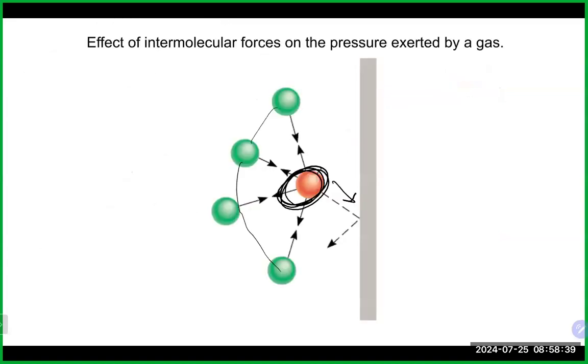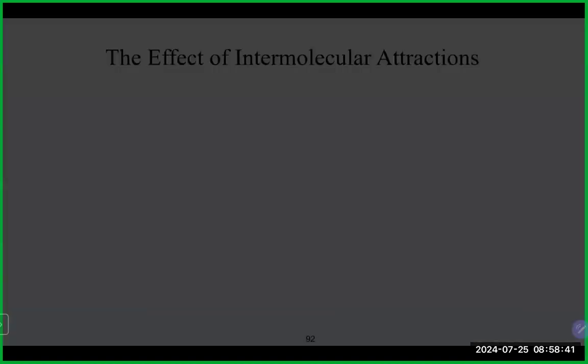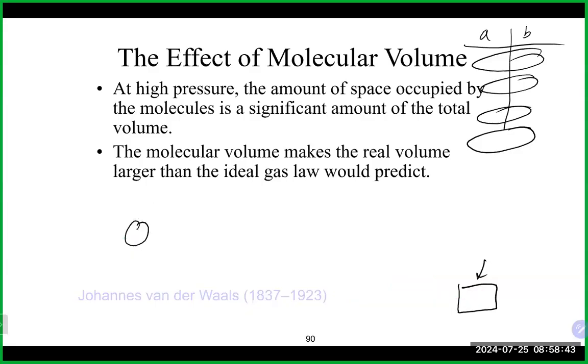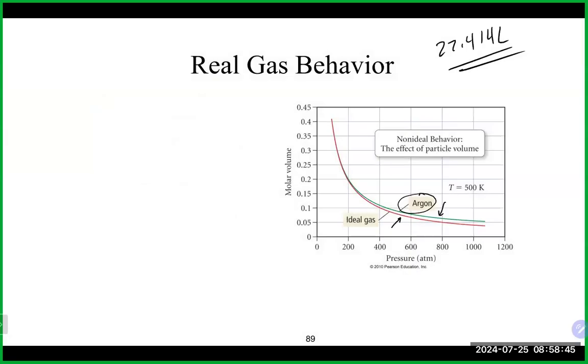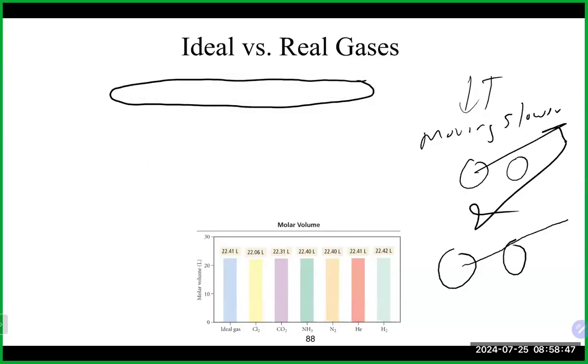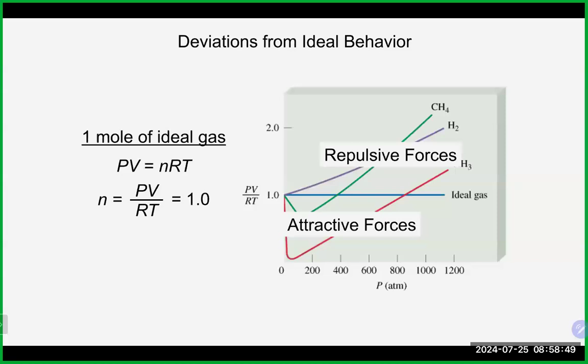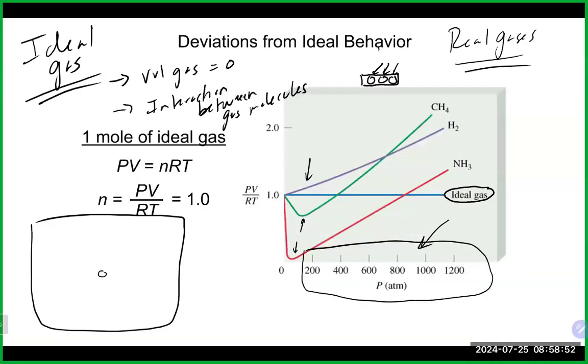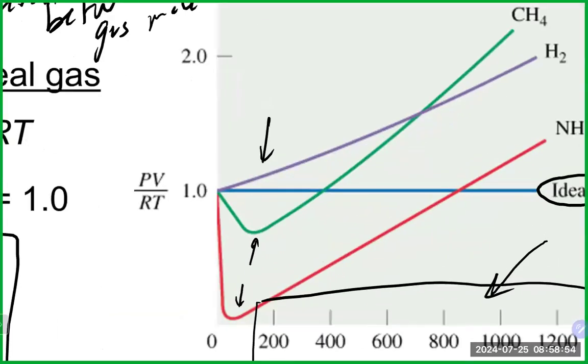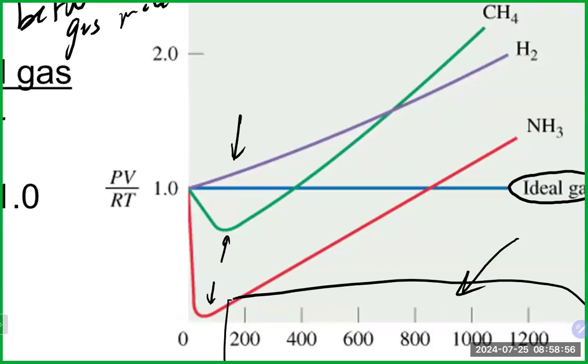So why do we, in a lot of cases, think about using just the ideal gas law? Because in most cases, you can probably see it better in this graph. If you think about the pressure situation, most standard pressure is 1 atmosphere, which would be right in this ballpark.